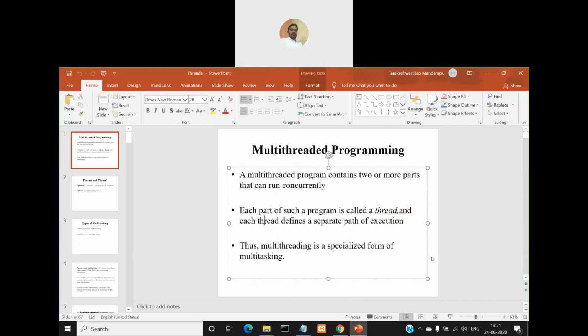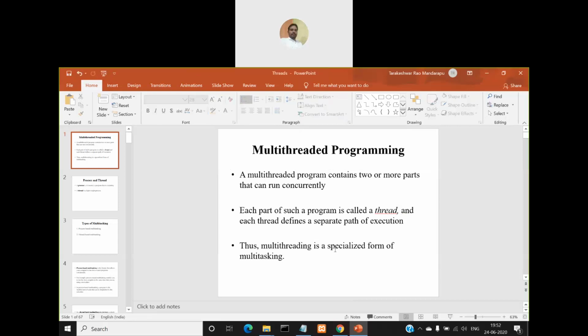Each part of such a program is called a thread, and each thread defines a separate path of execution. So these parts will be executed separately. They'll not be executed as a single entity. Instead, the process is divided into multiple parts, and each of those parts will be executed in a separate context, in a separate path. That is the meaning of separate path of execution.